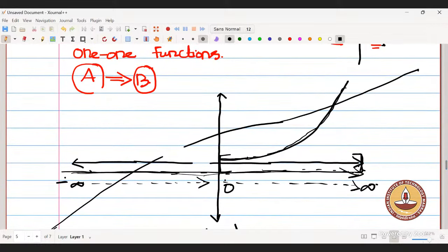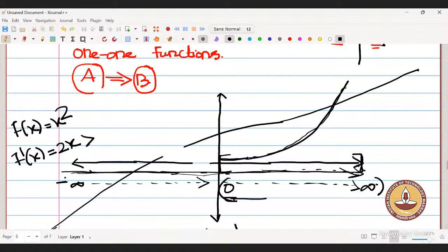See, what I'm basically saying is, consider this parabola, let's say f of x equal to x square. If you take the derivative f dash of x, this is 2x. If I consider only this part, 0 to infinity, in this part this is always greater than 0, so this is strictly increasing.